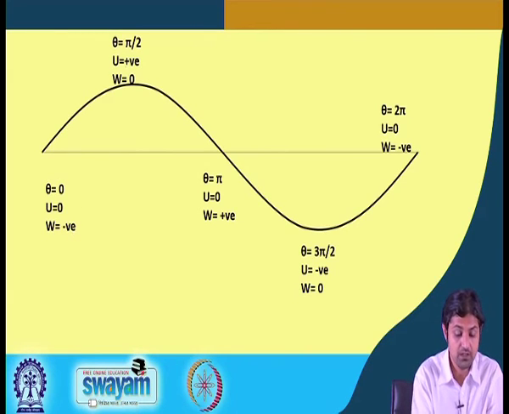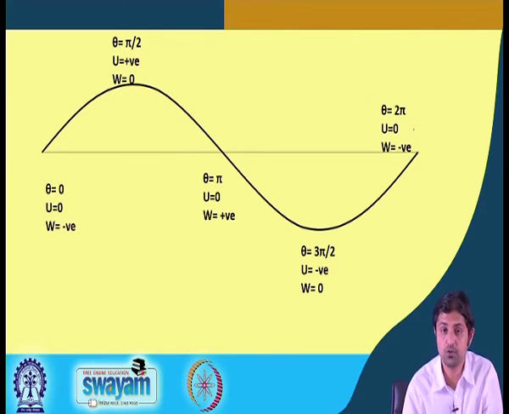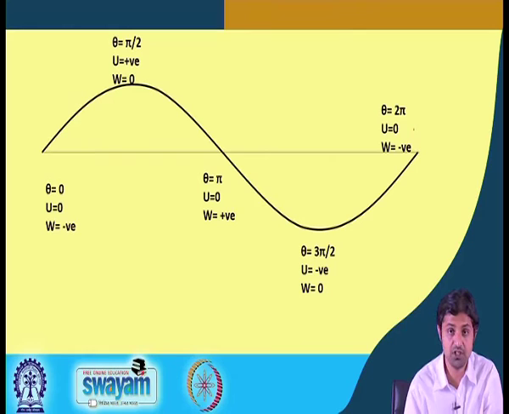All right. Here theta is pi by 2 and u is positive and w is 0 at the top. Here theta is equal to pi, u is 0, but w is positive. At 3 pi by 2, u is negative and w is equal to 0. If you put in the velocity potential and u and w equation, different thetas, different values you are going to get, and the sign will be determined from there.